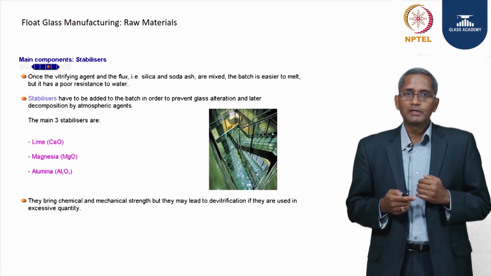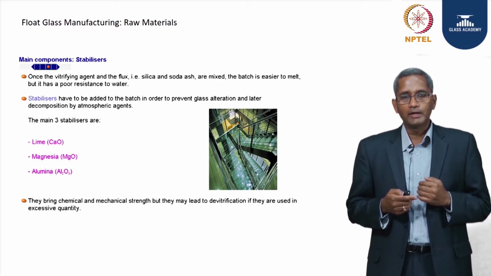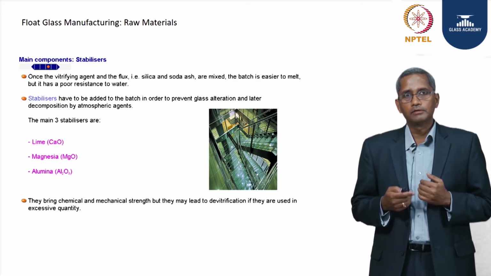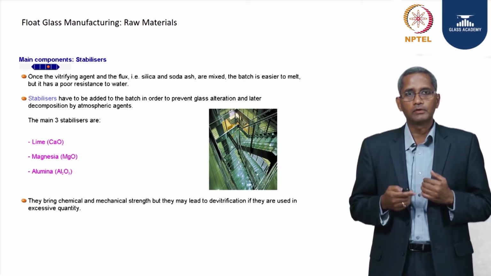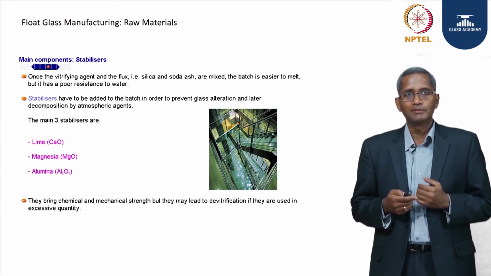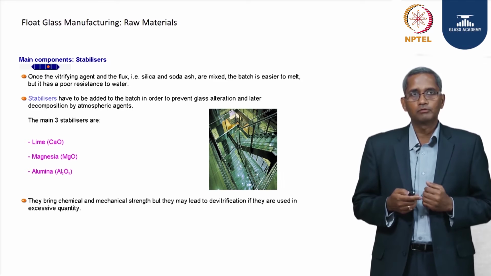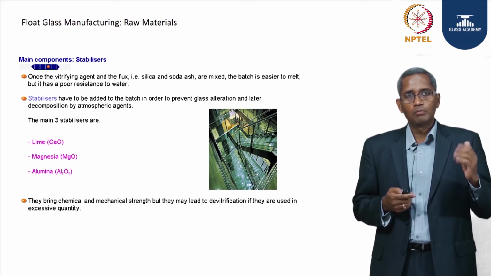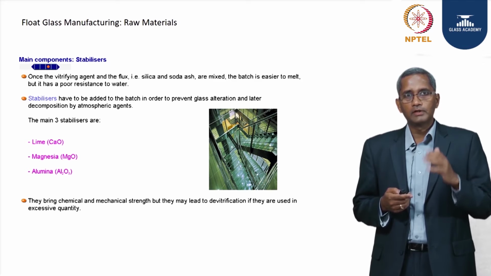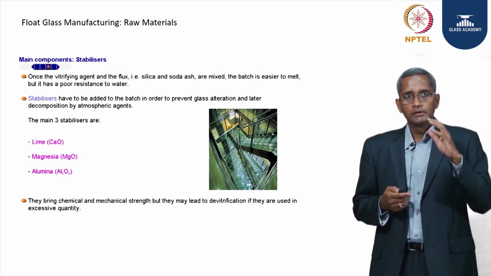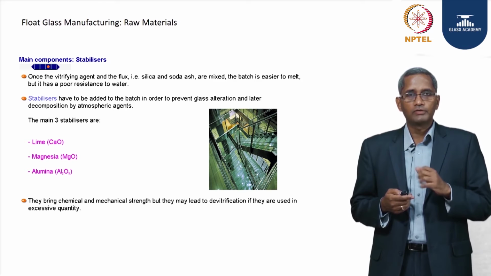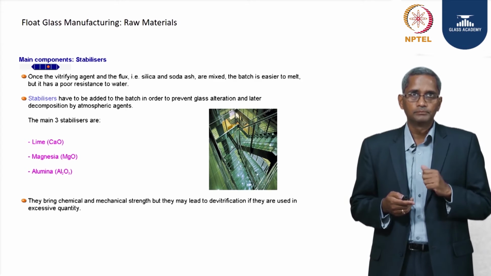The calcium oxide comes from both dolomite and limestone, and the magnesium oxide comes from dolomite, and alumina, if it is not adequately represented in the main raw materials, we can supplement with feldspar, which has a high alumina content. So silica, the glass former; to reduce the melting point of silica, the flux, we add soda; and to stabilize the glass we add calcium oxide, magnesium oxide and alumina.